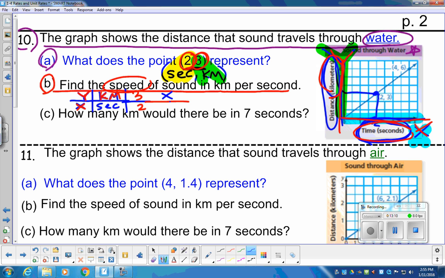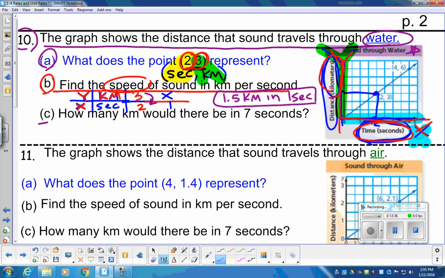So we want to know how much in 1 second, like we did on the previous page. This really becomes a division problem. 3 divided by 2 gives us 1.5 kilometers in 1 second. So the speed at which sound travels through water is 1.5 kilometers in 1 second, which really is just our growth or our speed.